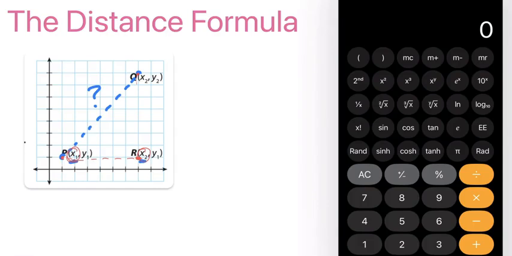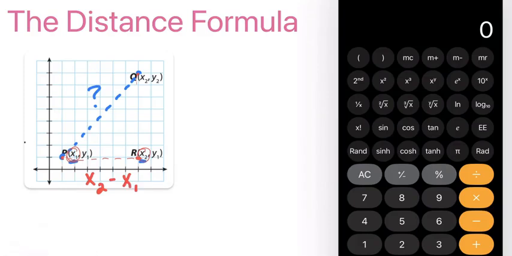So, for example, if the x2 coordinate is 7, and the x1 coordinate here is 2, I could just do 7 minus 2 and say, oh, okay, the distance there is 5. But I said I was going to do this without numbers. What I'm really doing is taking whatever the x2 is and subtracting whatever the x1 is. That's how I'm going to figure out what that distance is there.